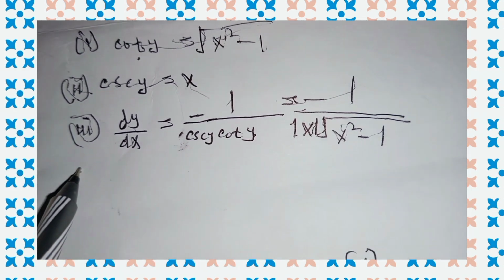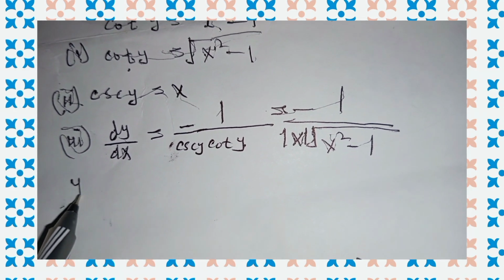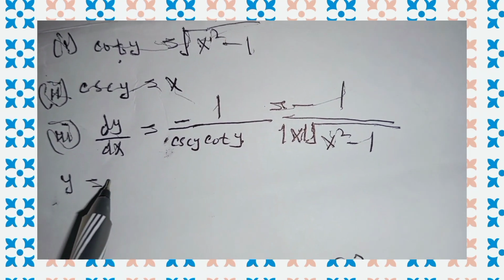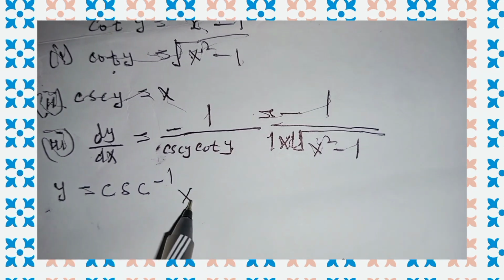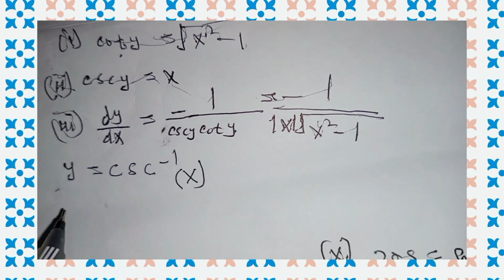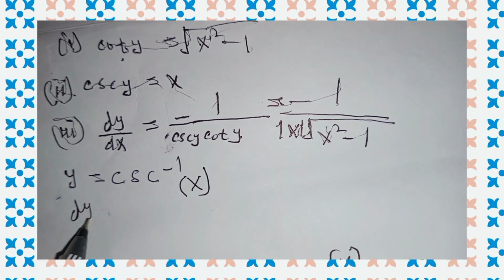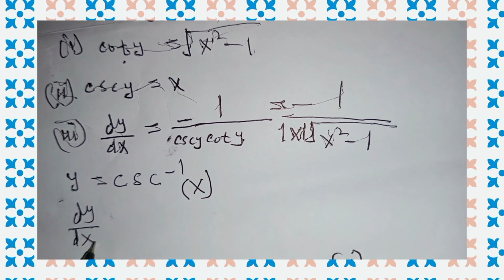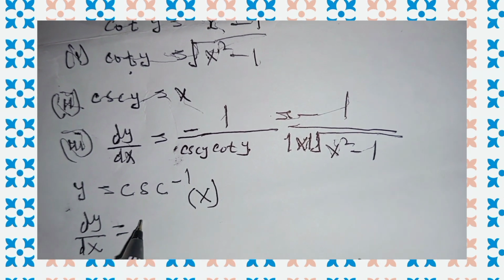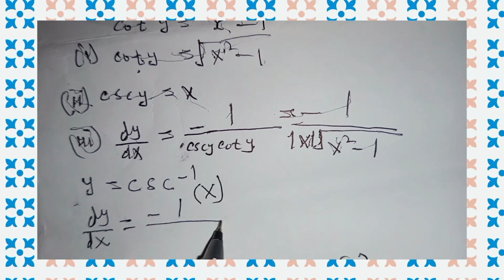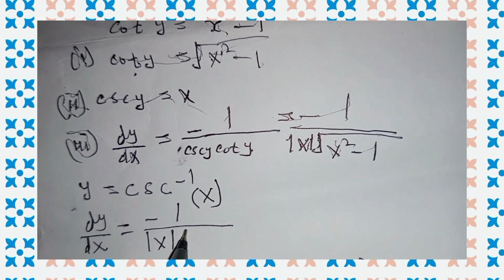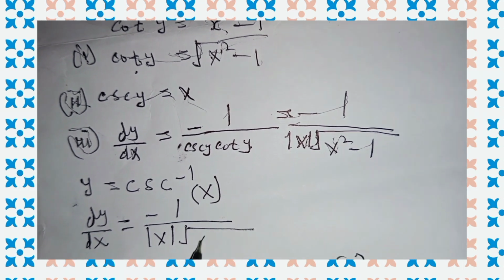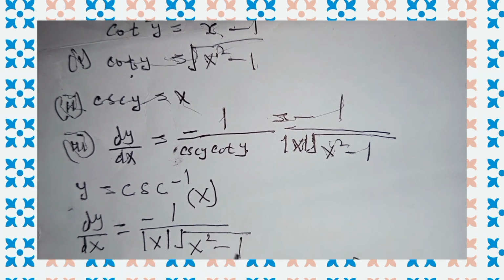Hence, when you have y is equal to cosec inverse of x, then dy over dx is equal to -1 divided by x modulus square root of x squared minus 1.